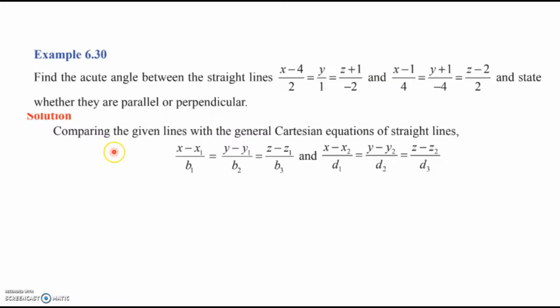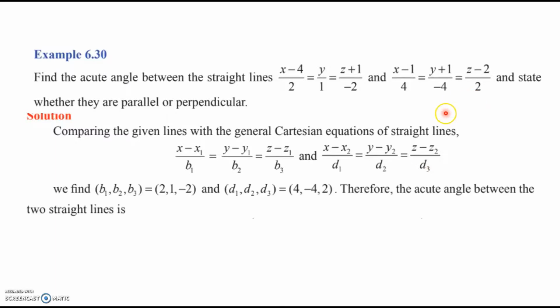Now, comparing with our Cartesian equations of straight lines, which are expressed in this form, we see here that our b1 is 2, b2 is 1, b3 is minus 2, and d1 is 4, d2 is minus 4, and d3 is 2. So we know how to find cos theta now, or theta.